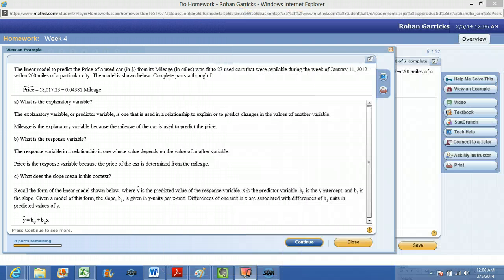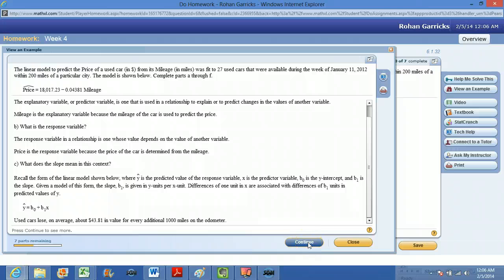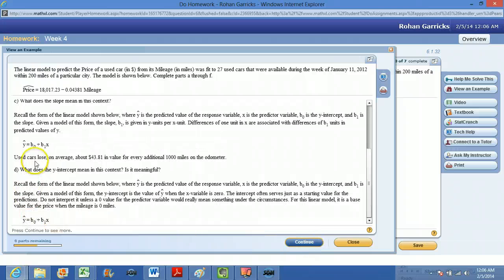Alright, so that's essentially what it is, and the equation is given right here. So what this is saying, if you notice, it's a negative coefficient. So it's saying that a used car will lose on average 43.81 in value for every 1,000 miles that is registered on the car, which is why this has a negative.